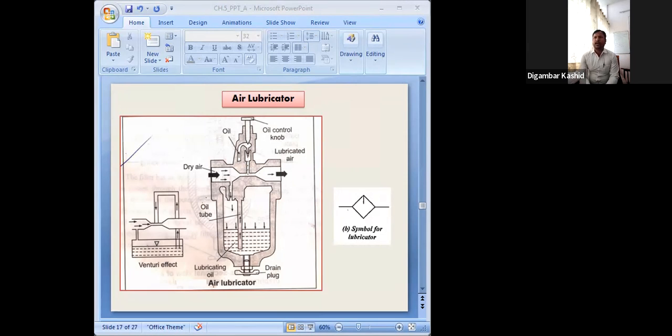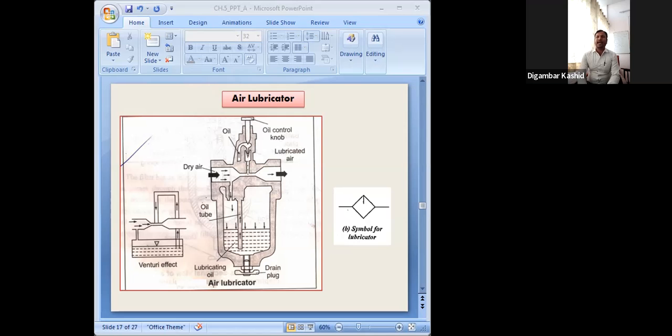The function of this air lubricator is to add a controlled amount of oil into the air, to ensure proper lubrication of the internal moving parts of the pneumatic component.